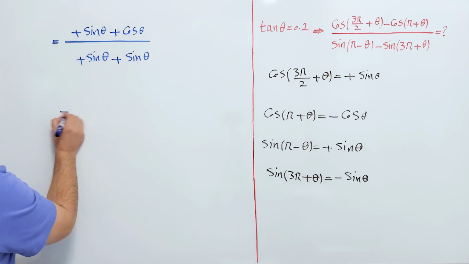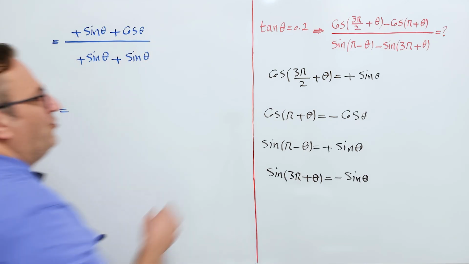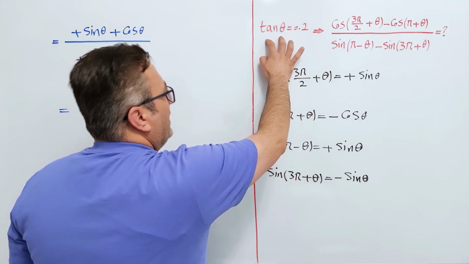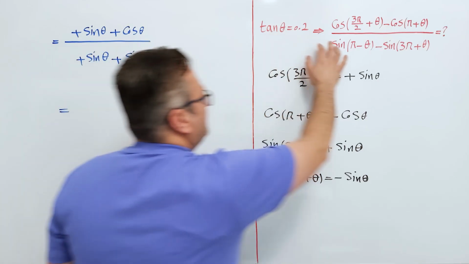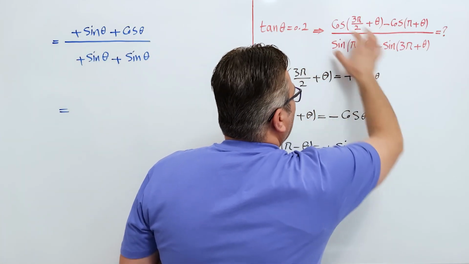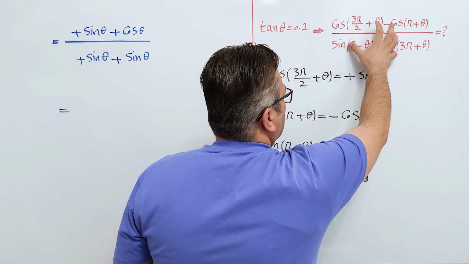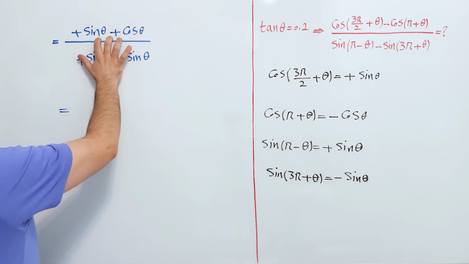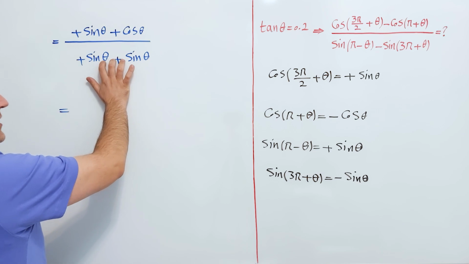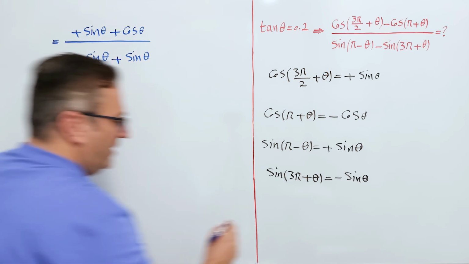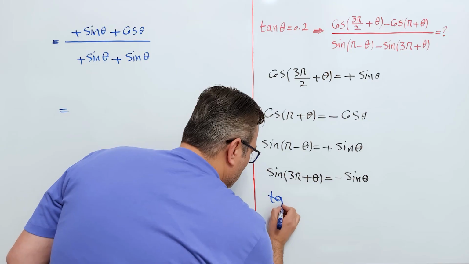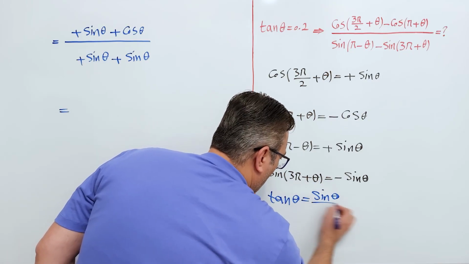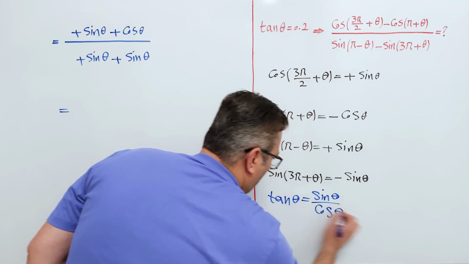Okay, so since we already know what the tangent is, we can rewrite the whole fraction in terms of tangent. To do this, we divide both the numerator and the denominator by cosine, because we know that tangent of theta is equal to sine of theta divided by cosine of theta.